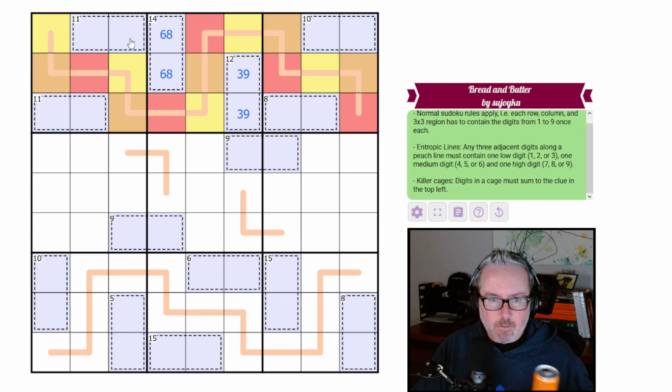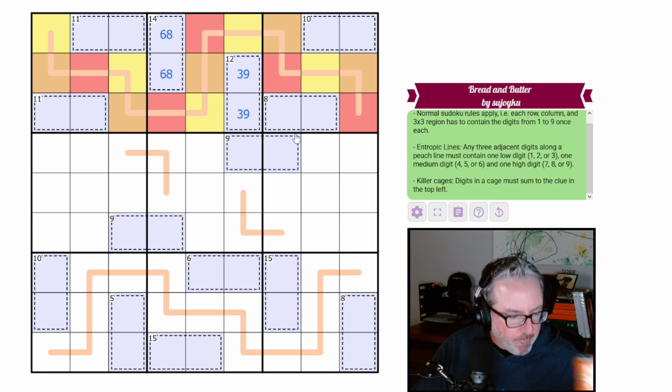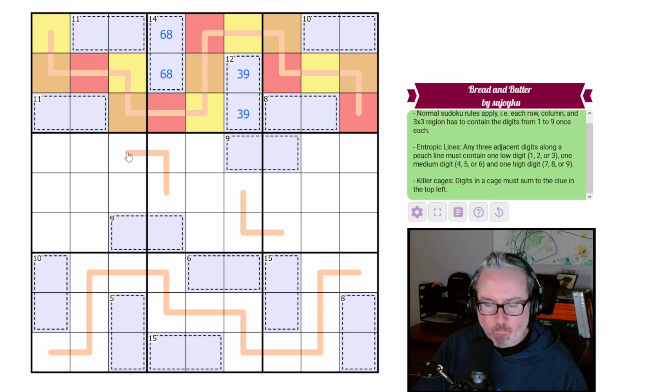So let's see if we can use those same tricks in some of these other regions. All right. Well, I think one of these two 11s has to have a high digit in it, because obviously there's no way you can do a mid and a low. So one of them is high with a low.